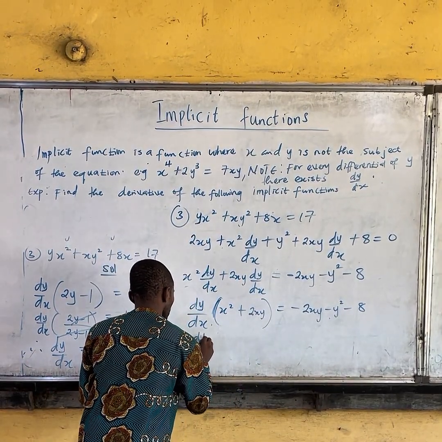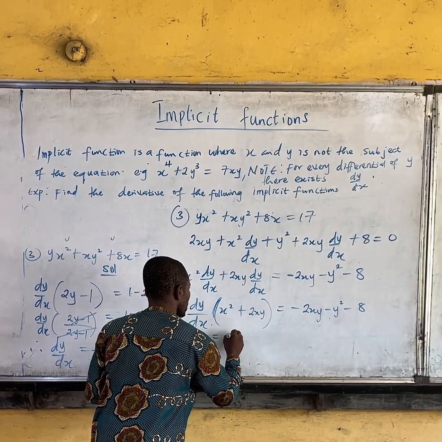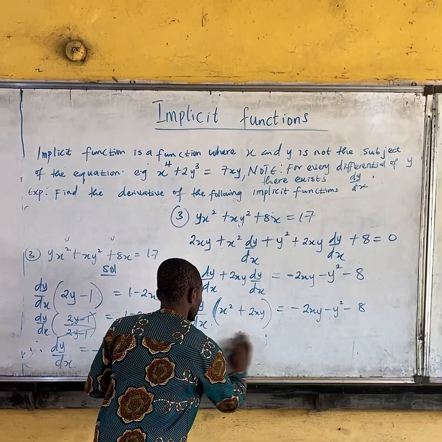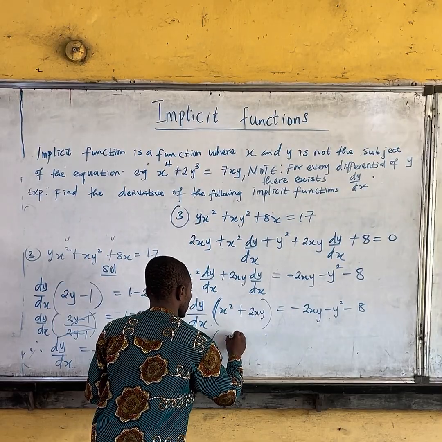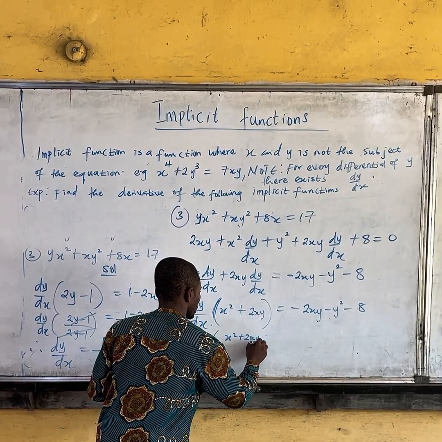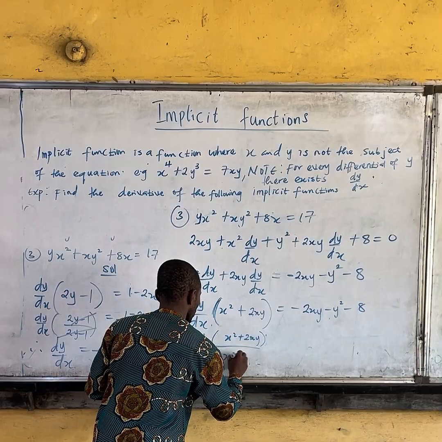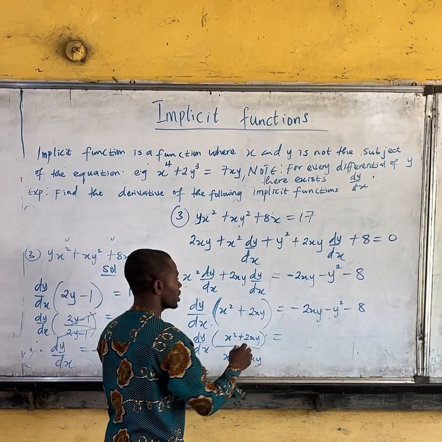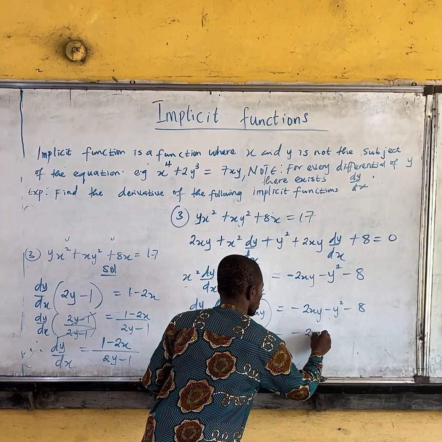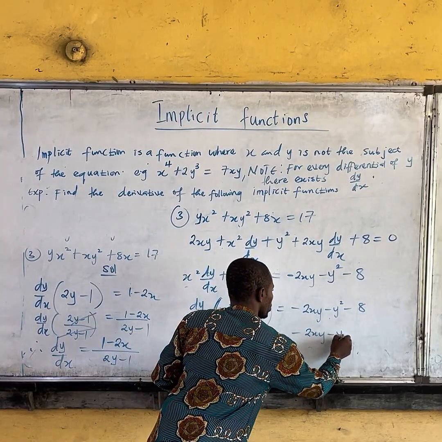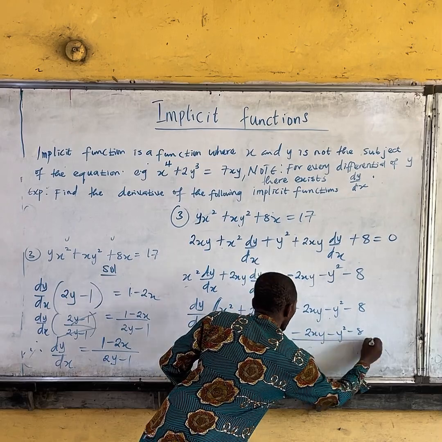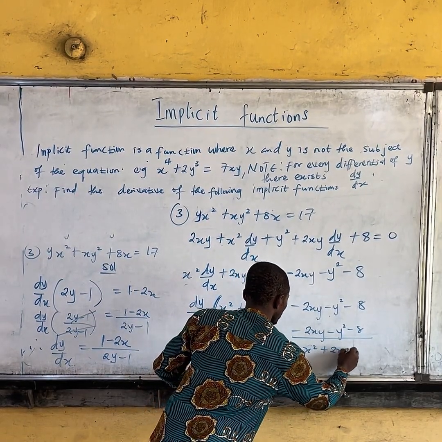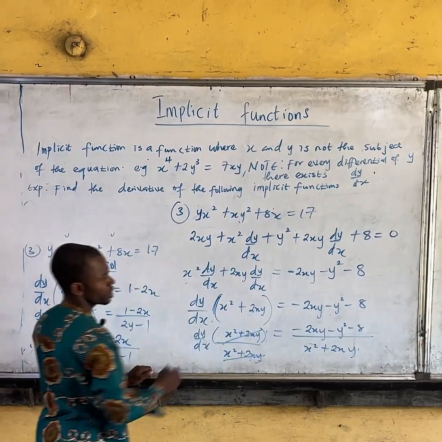So in conclusion, dy over dx will now be x squared plus 2xy divided by x squared plus 2xy. I'm dividing both sides by the coefficient of dy/dx, minus 2xy minus y squared minus 8 over x squared plus 2xy. So this cancels this.